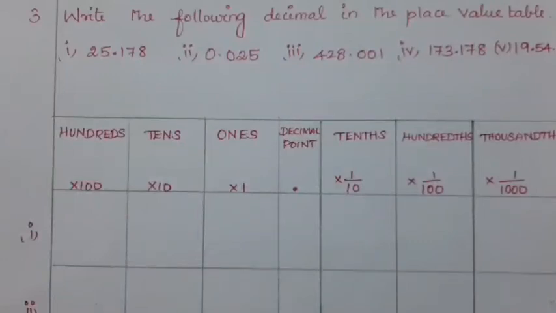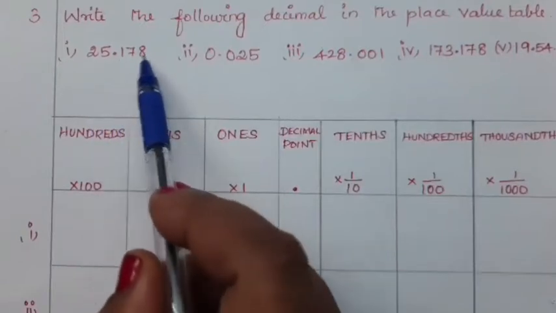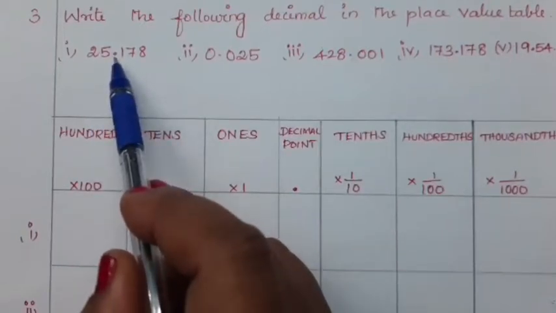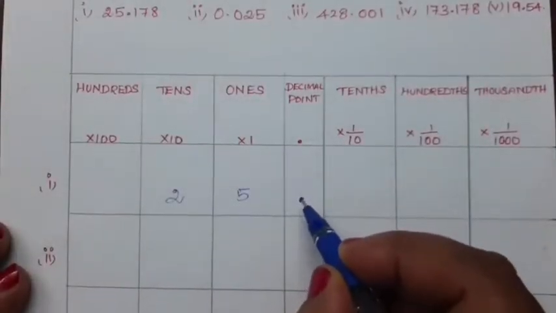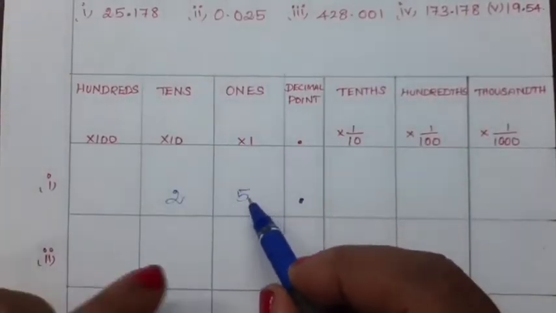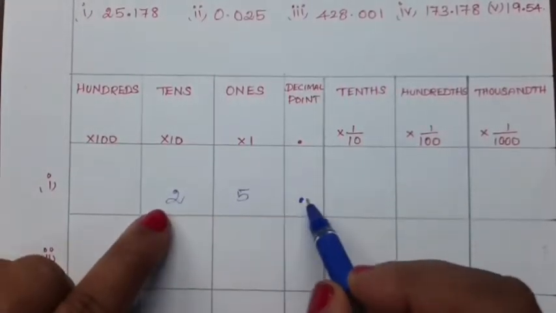Let us see how to write the given number in this place value table. Look at this number 25.178. The decimal point comes after 2 digits. To the left of the decimal point we have 5 in ones place, 2 in tens place.